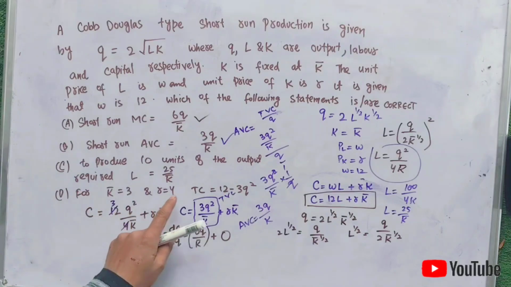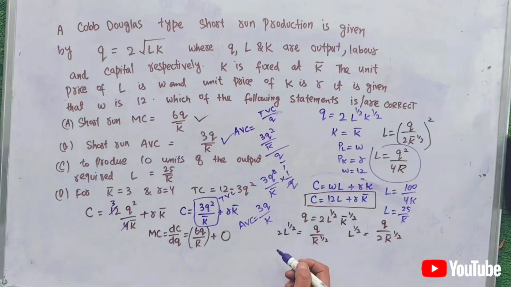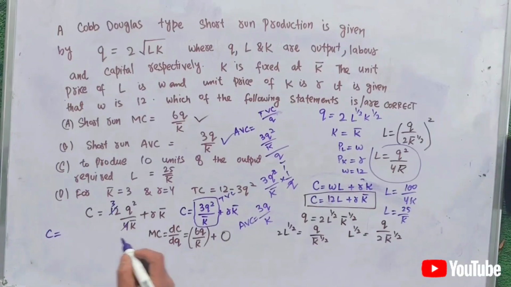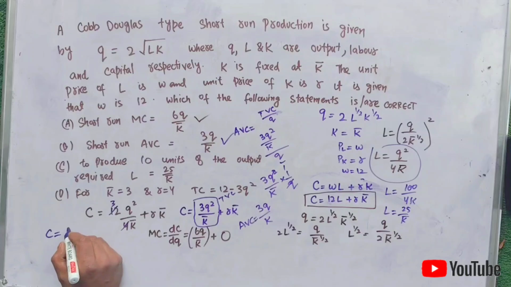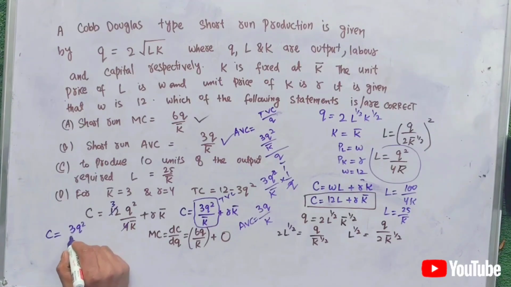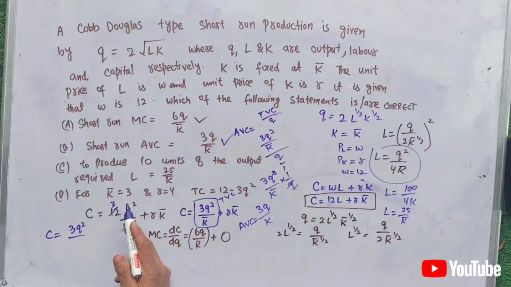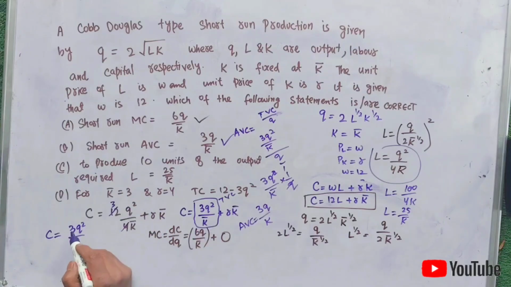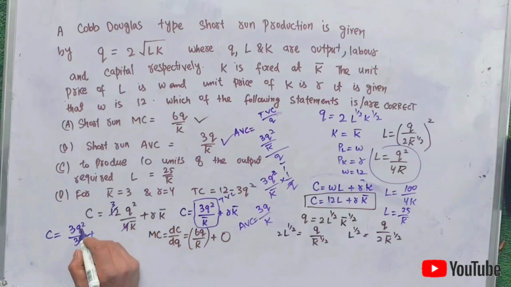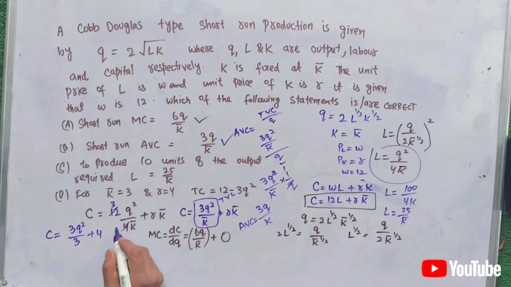For K is equal to 3, R is equal to 4, total cost is this stuff. Okay, so let us see. When K is equal to 3 in this equation, which equation? Total cost equation. So C will be equal to 3Q square divided by K, where K bar is equal to 3, plus R is 4 times K bar is 3.